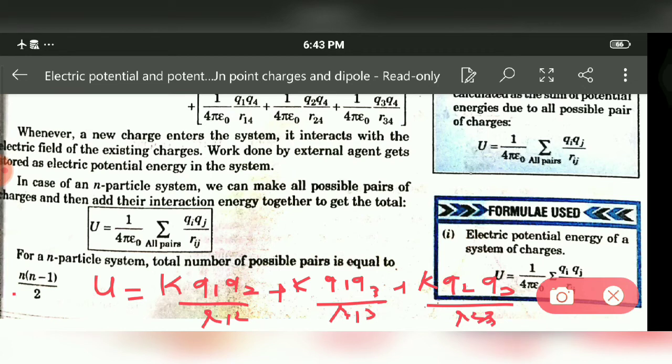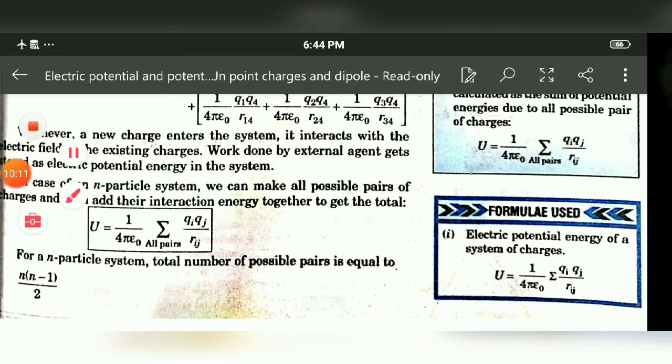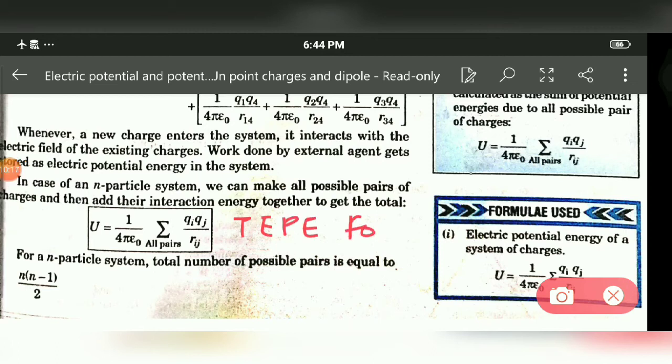So if we have n equals 3, 3 minus 1 upon 2, this is 3 into 2 upon 2, 2 gets cancelled with this 2. So we are having 3 pairs, 1, 2, 3. So this is the result for total electric potential energy for n particles.